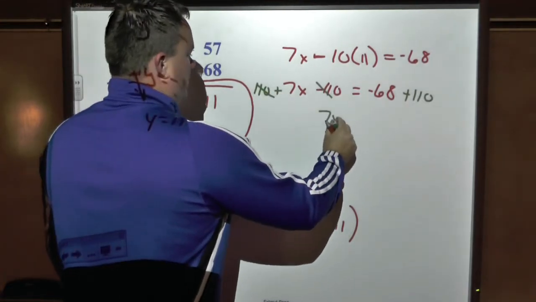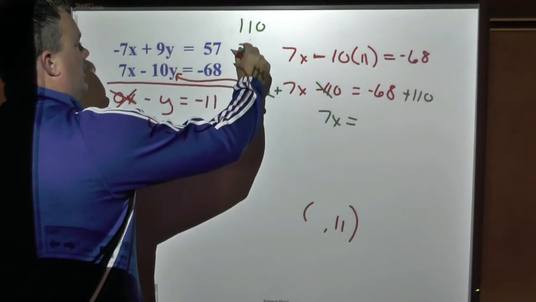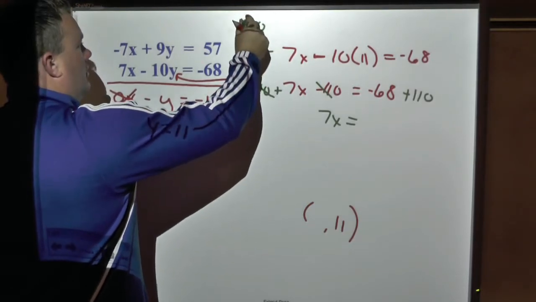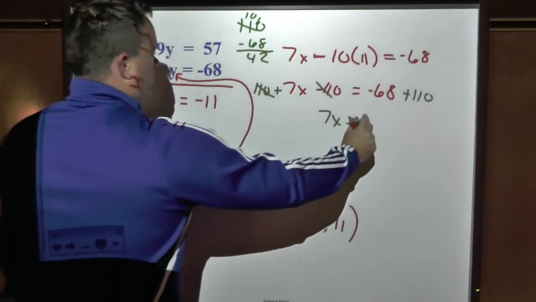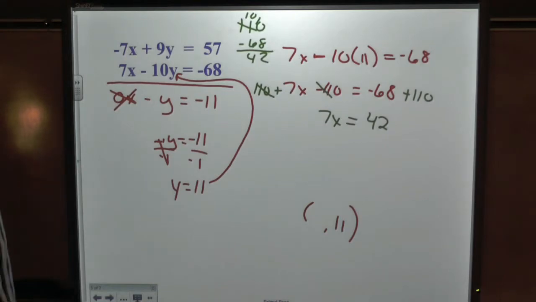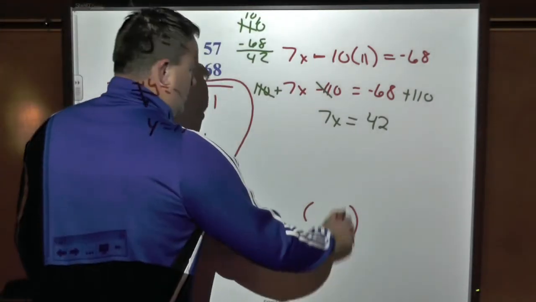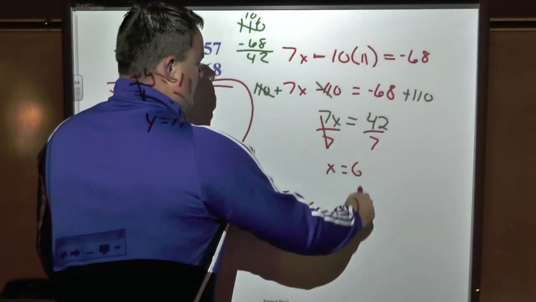That's 0, so you get 7x. And again, if you need to do this by hand or you can use your calculator, you can. So negative 68 plus 110 is 42. And then, make it real simple. Divide both sides by 7. And x equals 6.